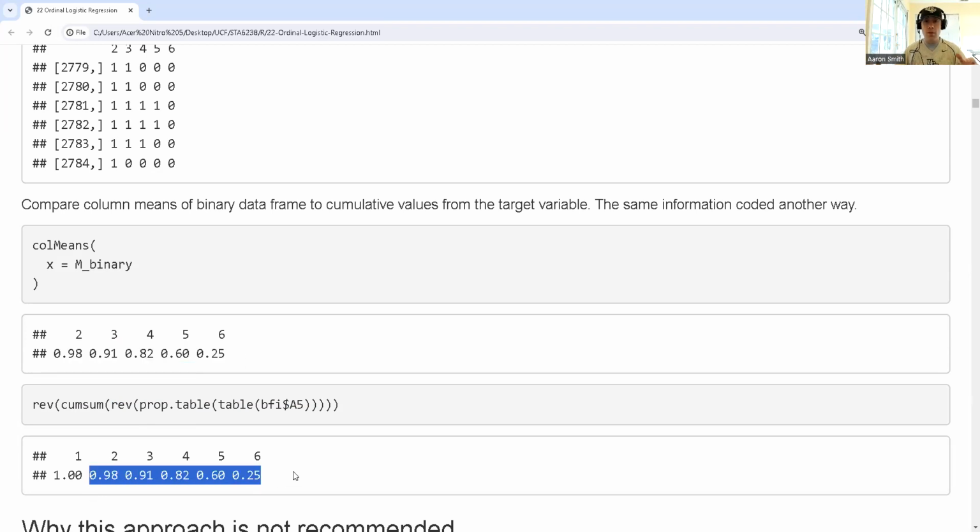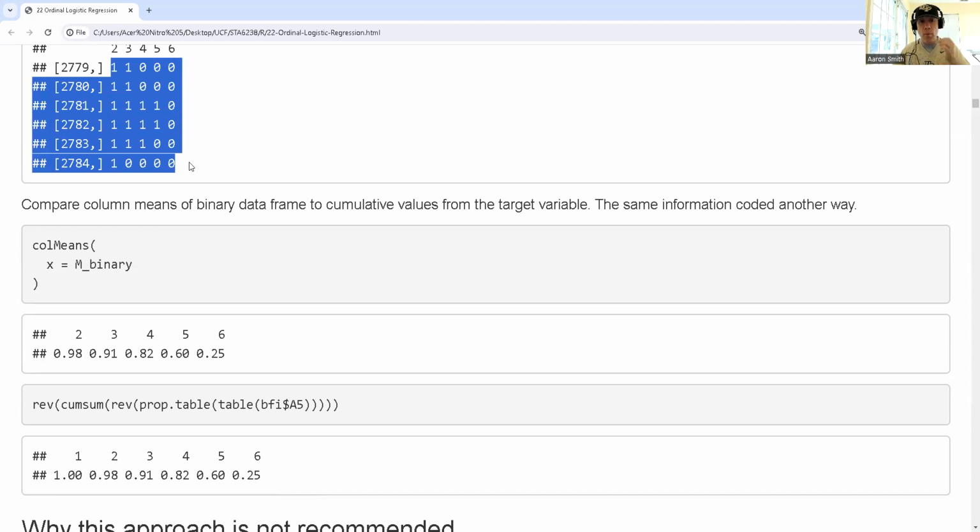I just did this to show you that by doing this presentation, I took a column vector of ordinal data and I recoded it in this binary matrix format. I have lost no information, and if I had to, I could recover it.